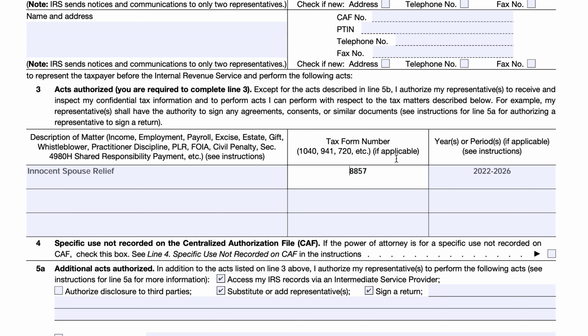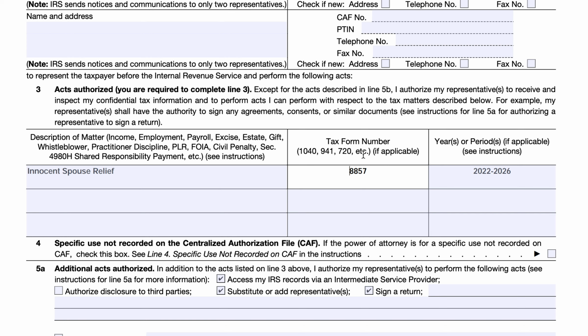But if you do not describe innocent spouse relief with that form specifically, then you have to sign the IRS Form 8857. If you annotate it clearly here, then you can have your representative sign your Form 8857 on your behalf.